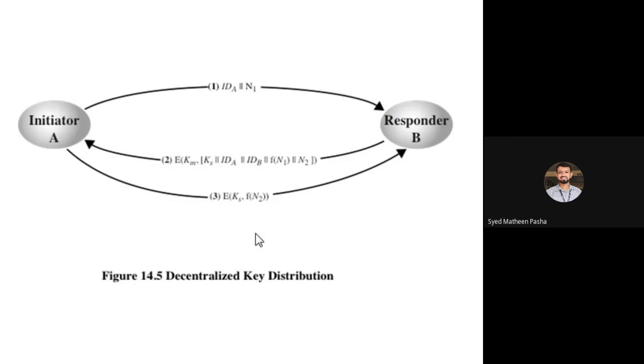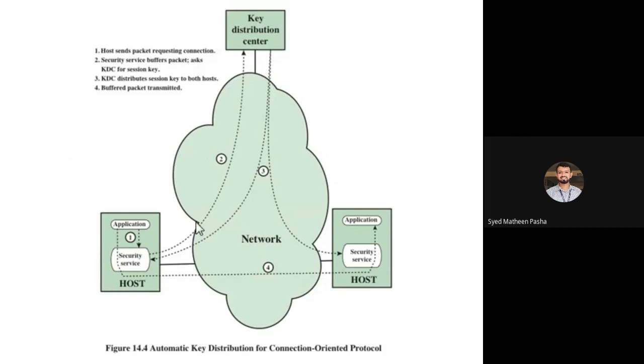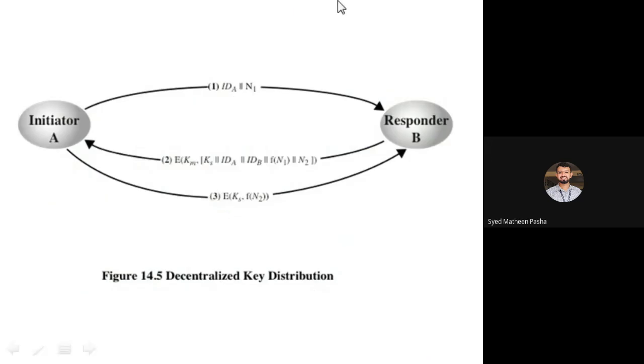You can see there is no key distribution center here. Basically, initiator A as well as responder B have their own space where the keys are stored. You can say this is one advantage as well as a disadvantage.